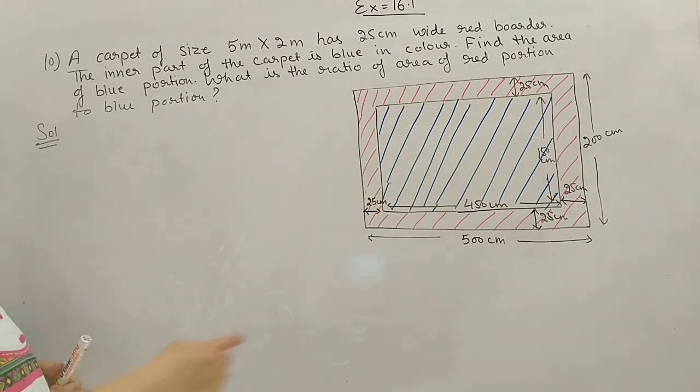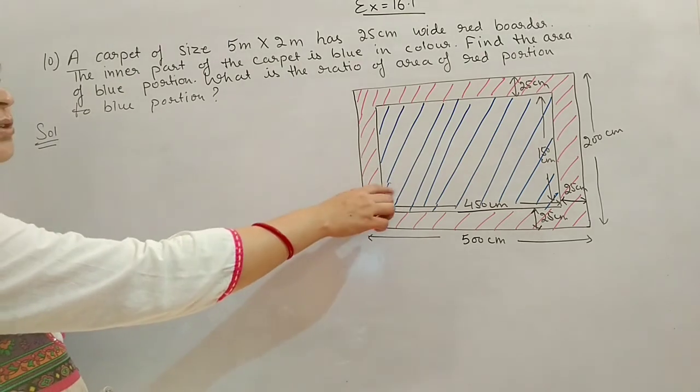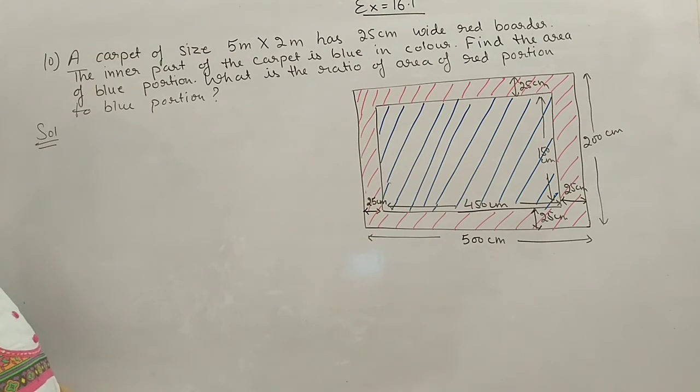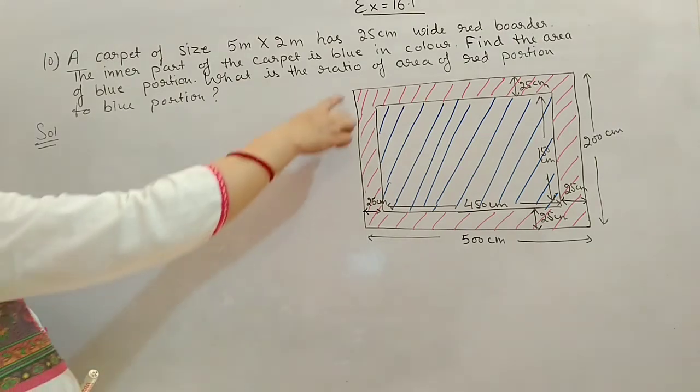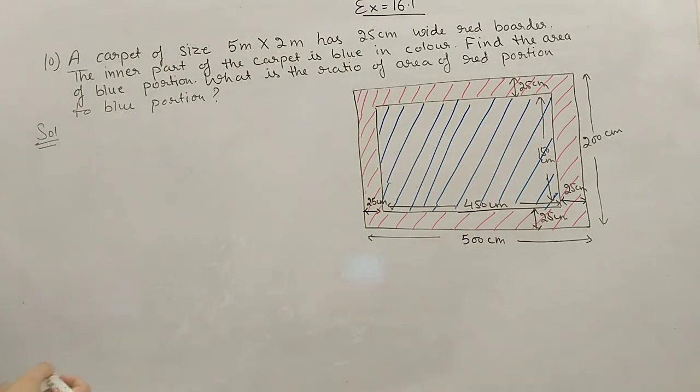So the area of blue portion, we can directly find out. And to find out the area of red portion, we have to subtract this small area from this big rectangle area. So first we will find out the area of blue portion.